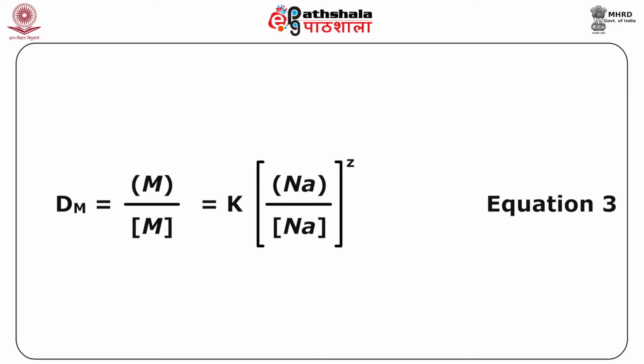If the concentration of the metal ions is much smaller than the concentration of the sodium ions, then sodium ions are considered constant and the value of dM depends on the concentration of the sodium ions in solution.